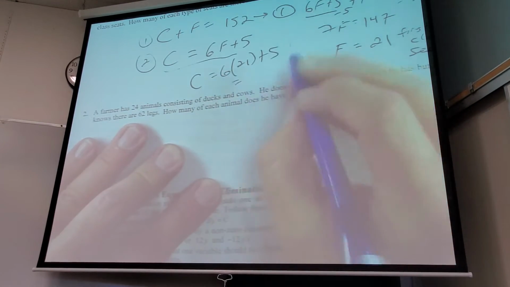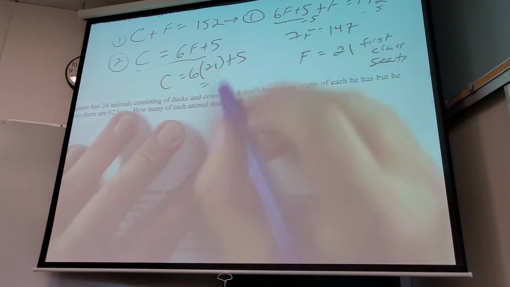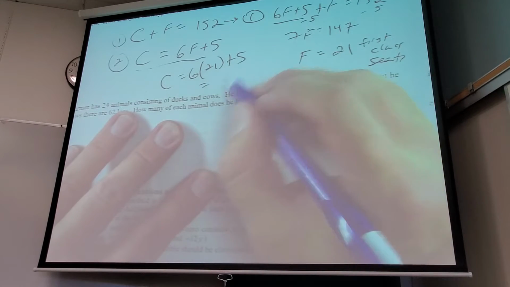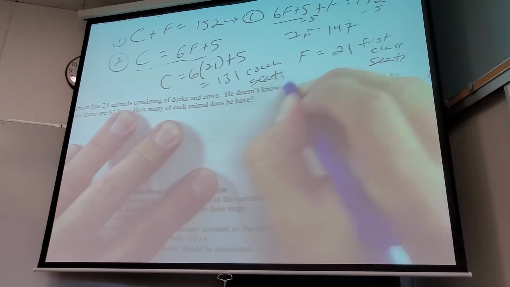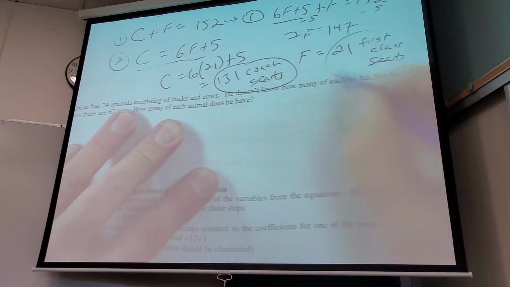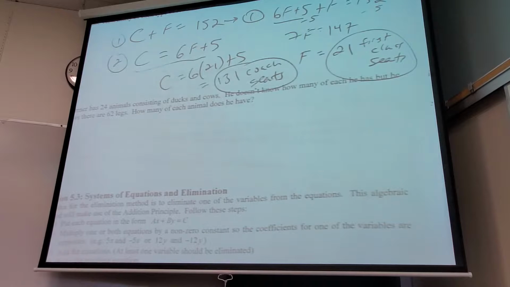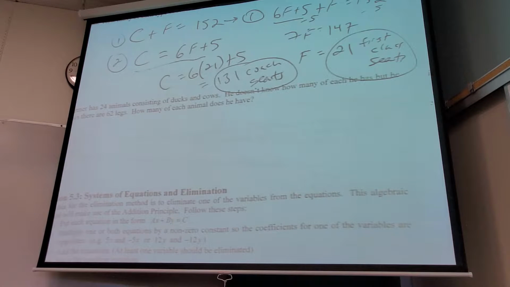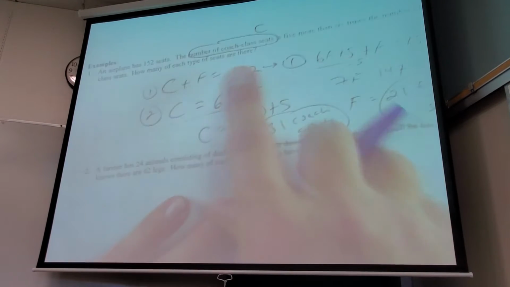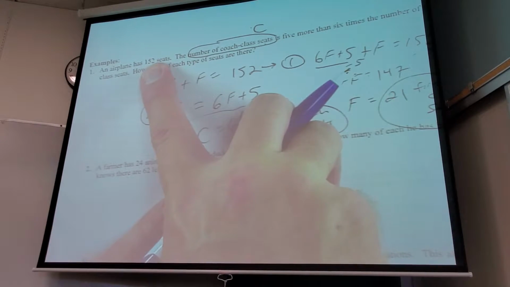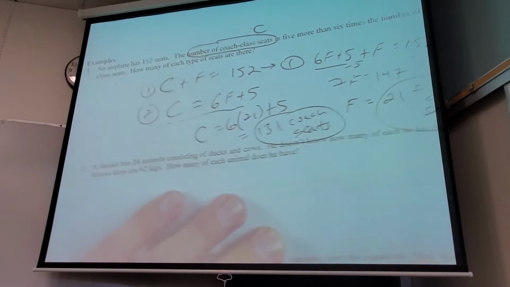Yeah, you get 126 plus 5, 131 coach class seats. How do you check that? You add them together. What's 131 plus 21? 152. There you go.